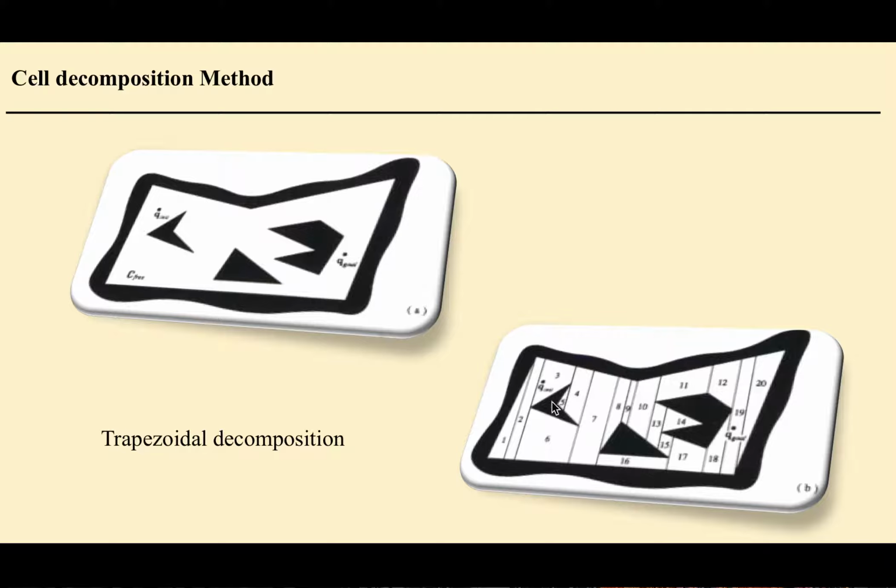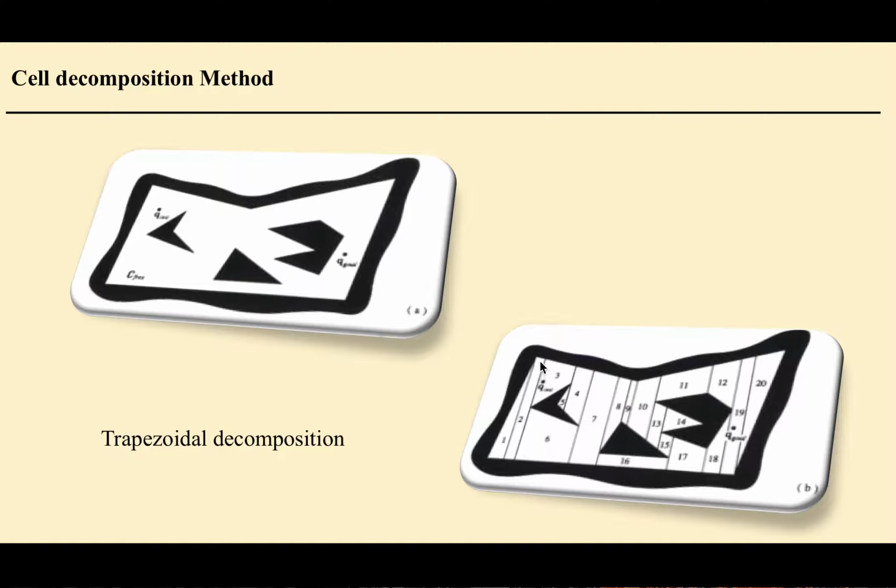The way we do the trapezoidal decomposition is by drawing vertical lines that cross vertices. As we can see, we're decomposing this graph into cells.